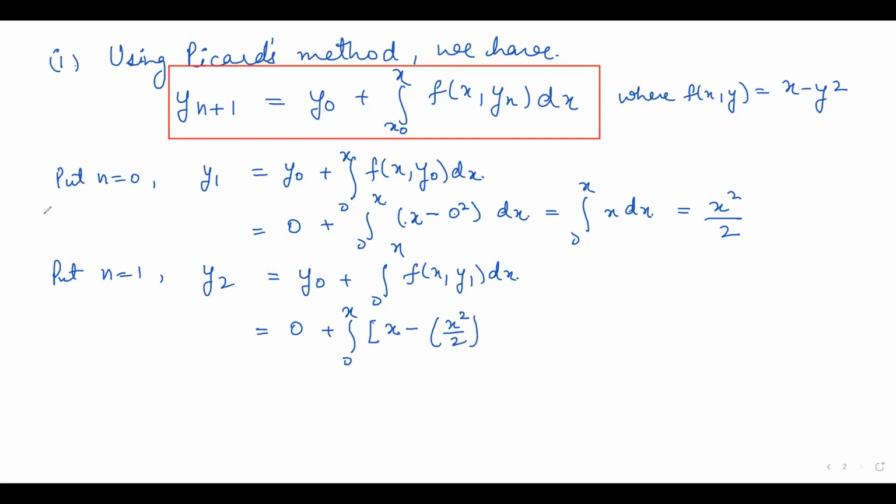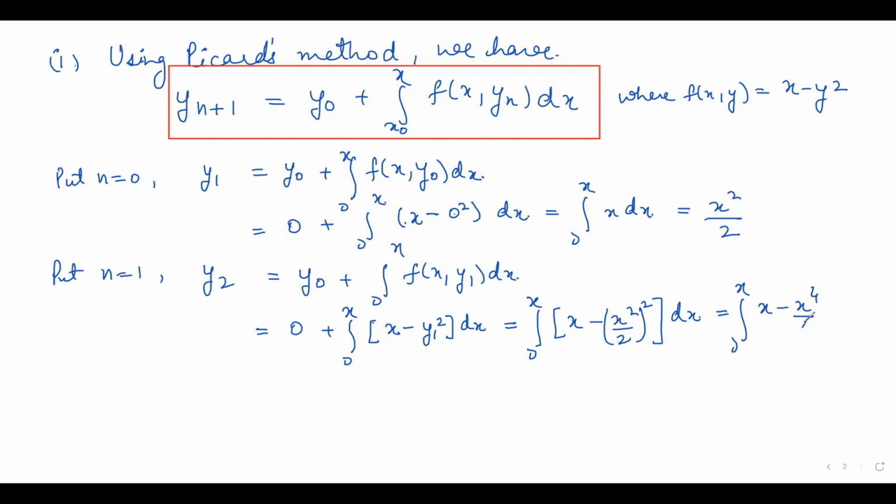So this is nothing but the integral from 0 to x of x minus x square upon 2 whole square dx. Now we can expand this, and I'll get the integral from 0 to x of x minus x to the power 4 upon 4 dx. So the final answer that I'll get is x square upon 2 minus x to the power 5 upon 20.